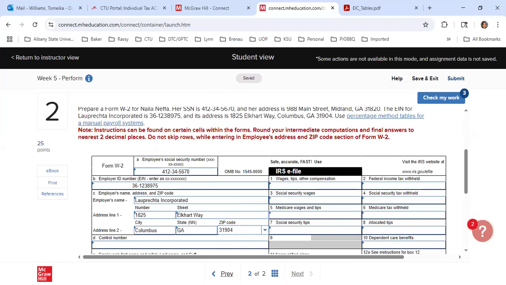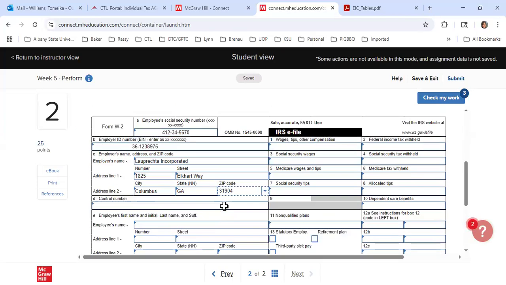It's okay if you're unable to pull up that problem, then you'll just have to go back and watch the recording for this particular portion. All right. If we go down a little further, employee name, N-A-L, Nyla Nefa there. The address that they've given us for her is 988.